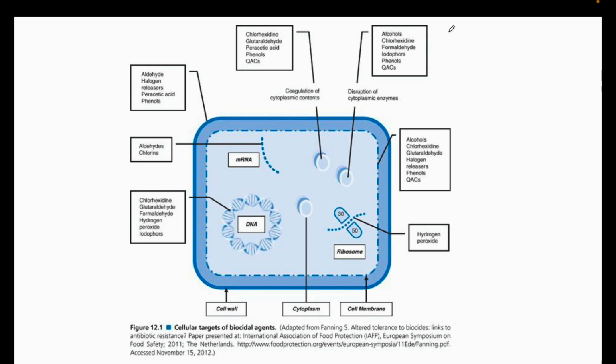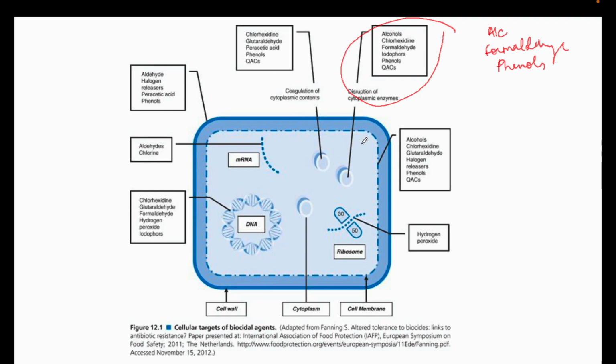So let's start with alcohols, phenols, and the different chemical agents. We have alcohols, formaldehydes, aldehydes, and phenols. What they do is disrupt the cytoplasmic enzymes.